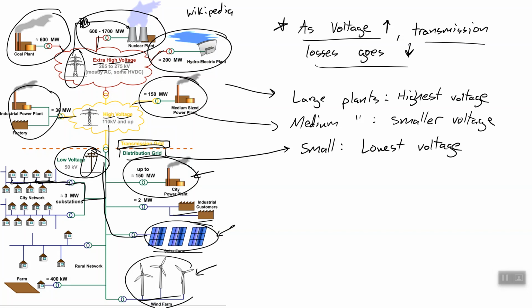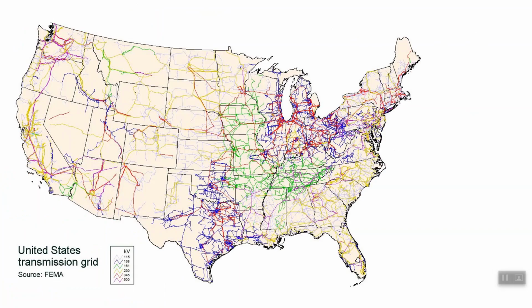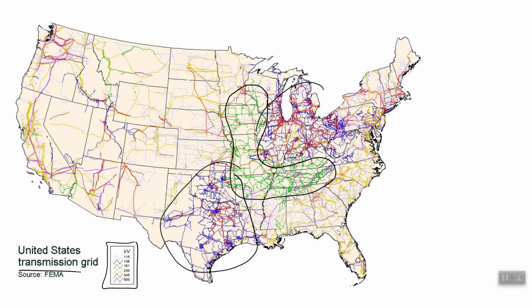Okay, now in the United States, here's a map of its transmission grid, and you see we have all these different colors which correspond to the actual kilovolts of the lines that transmit electricity everywhere. So you can see we have these pockets of different voltages, right? Here's some voltage, here's a different voltage right here.